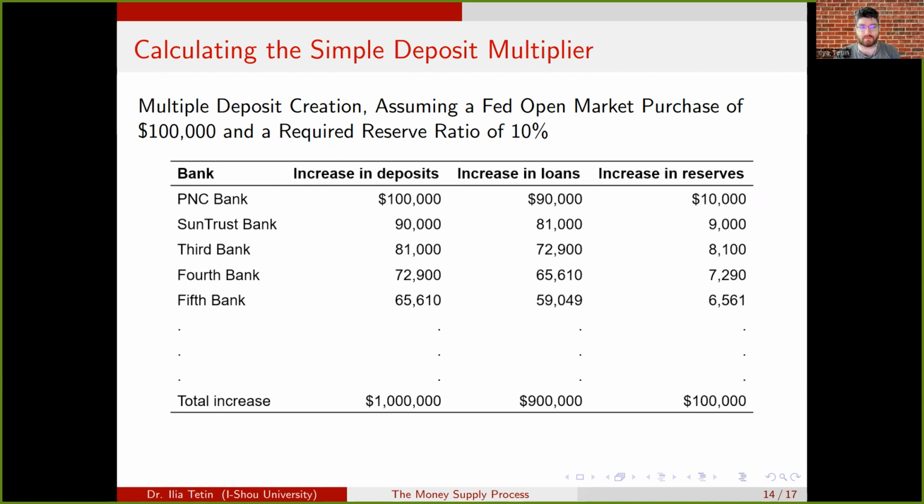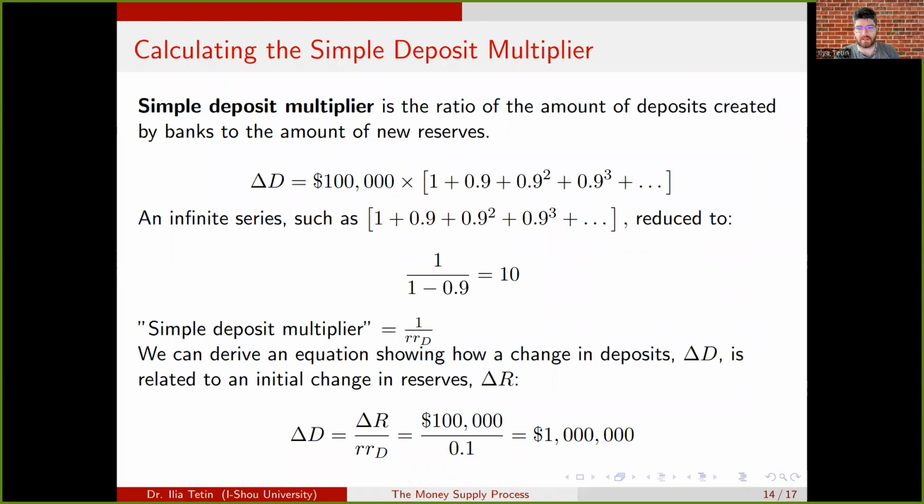These loans were provided to the first customer. This first customer uses the second bank by placing the check. The second bank provided the loan, and so on and so forth, until we stopped at some point, and the increase in reserves reached 100,000. So this is the iterative process.